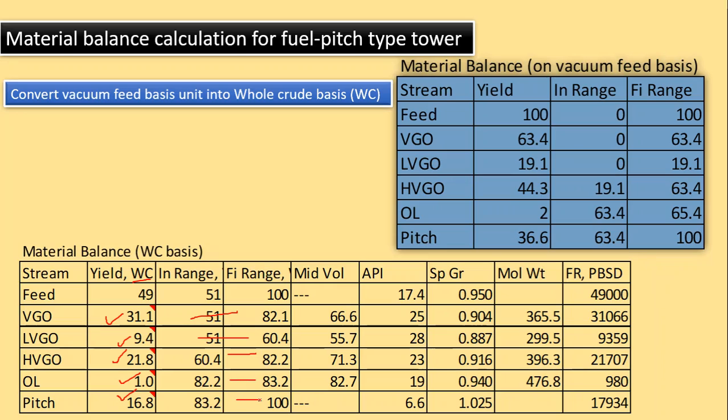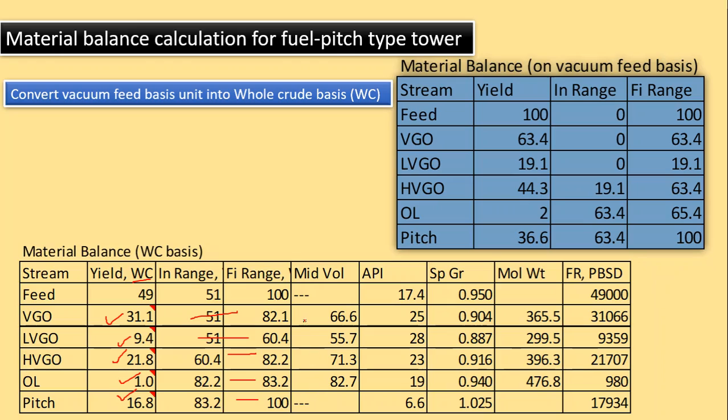After that, as in the atmospheric distillation calculations for the material balance, the first thing you should know is the yield and range. After yield and range, we can go for the mid volume percent for the calculation of API. Mid volume percent can only be calculated for the vapors, the distillates.